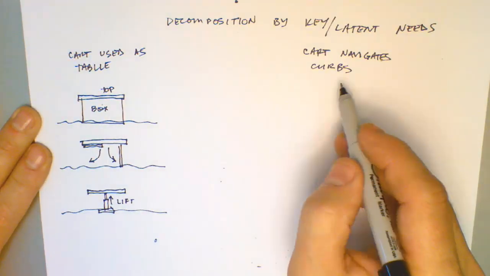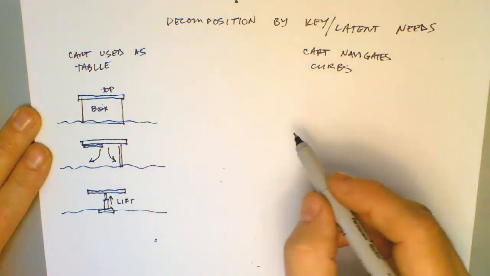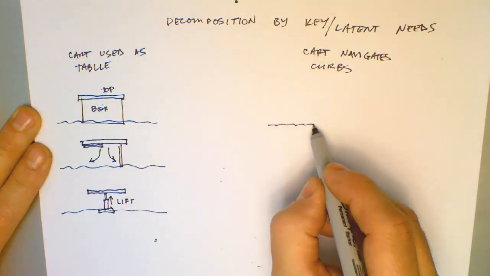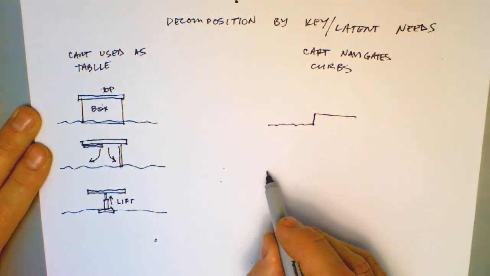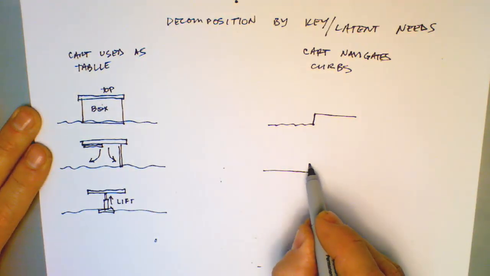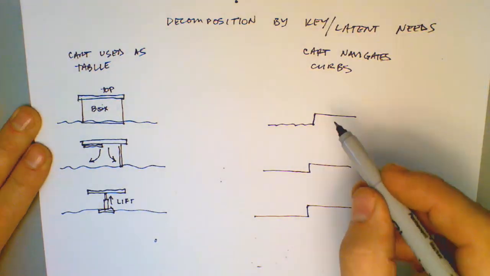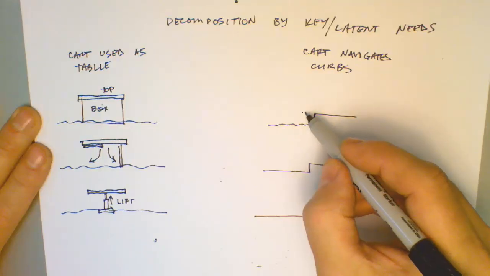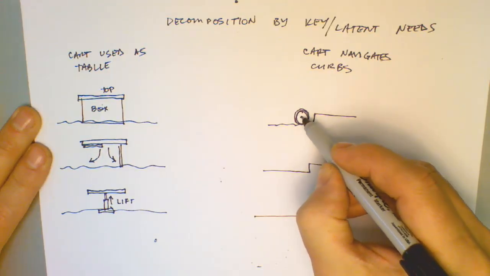All right, now if I look over here at cart navigating curb, we might say, well, what are some ways that a wheeled vehicle might navigate a curb? So here are some curbs. And one way might be if you think about the way commercial hand trucks work.